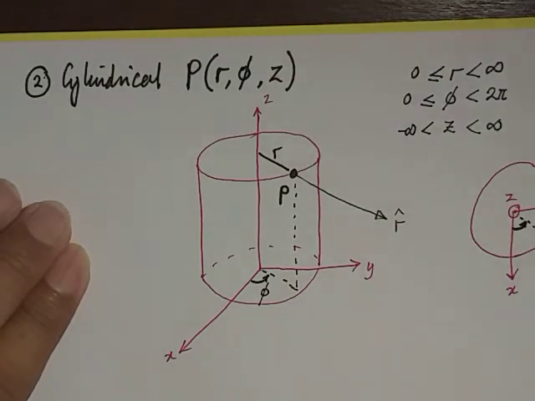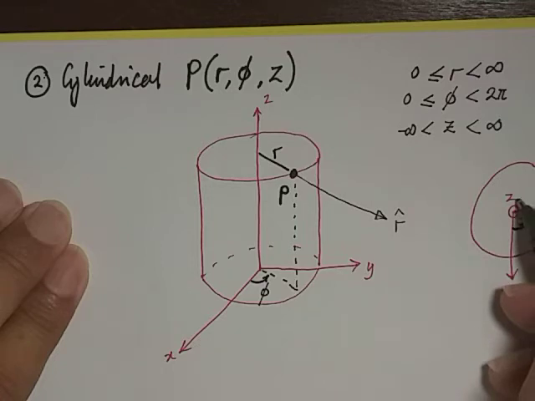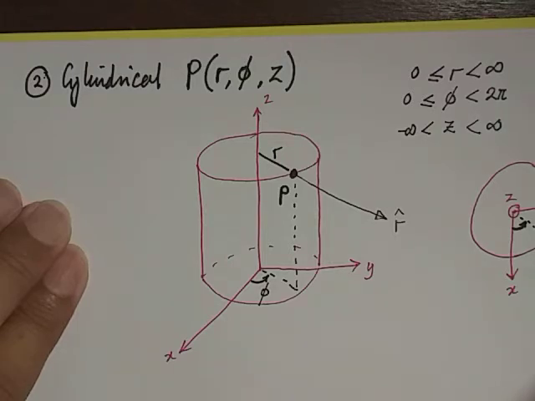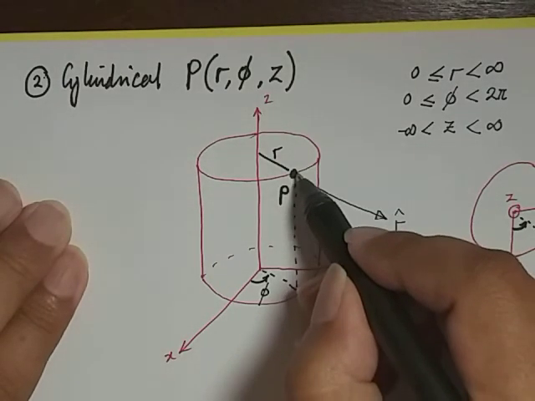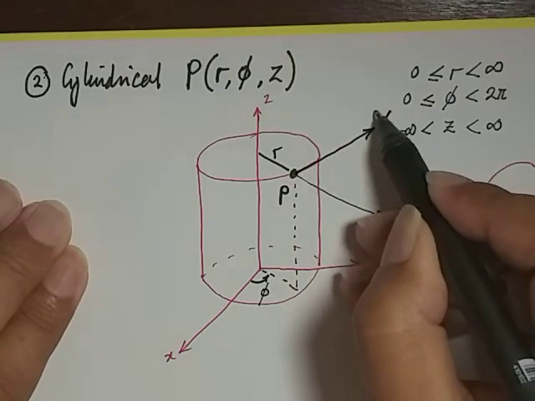So the direction of phi should be the tangential direction at that particular point P. Since the angle goes in this direction, the phi at point P should be the tangential direction at point P. Therefore it makes an angle of 90 degrees to unit vector r. So we draw it here. So that should be our phi direction.